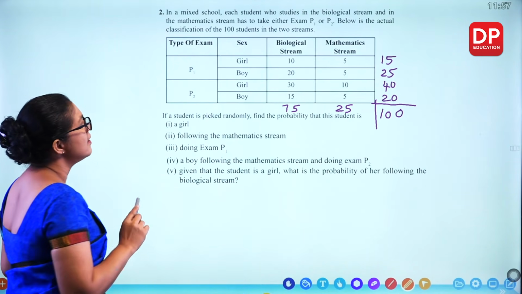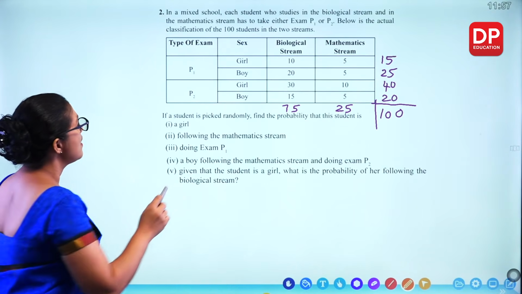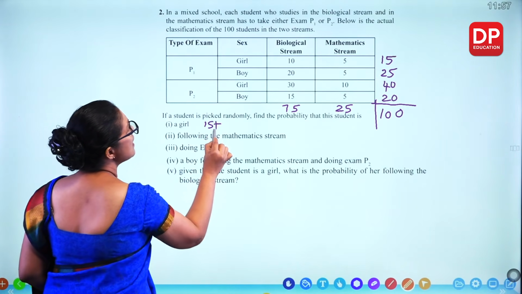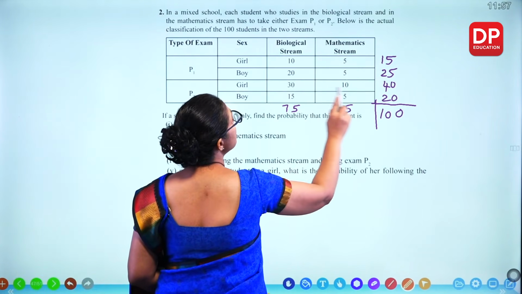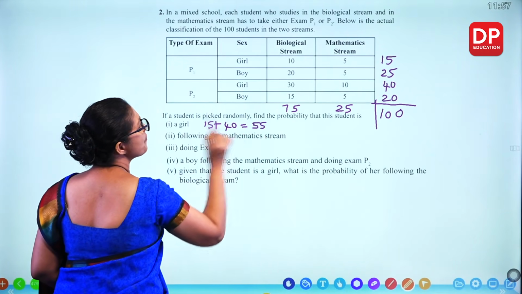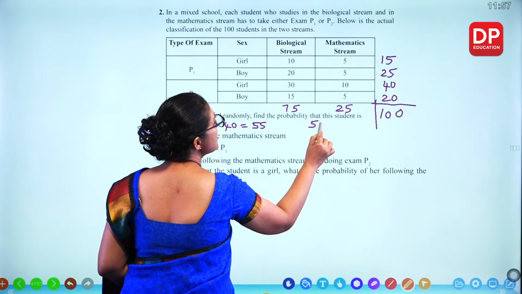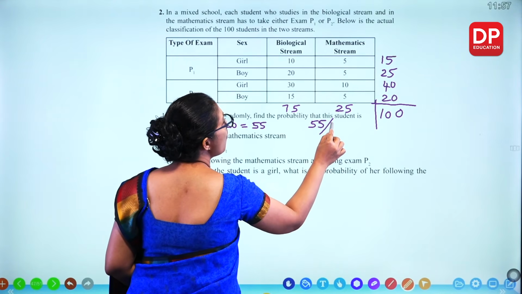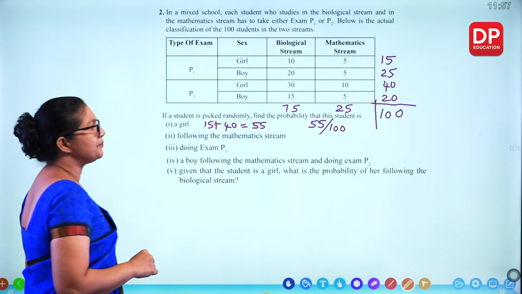A girl. How many girls altogether? 15 here and 40 here. 15 plus 40, 55. So what's the probability of getting a girl? 55 over 100.